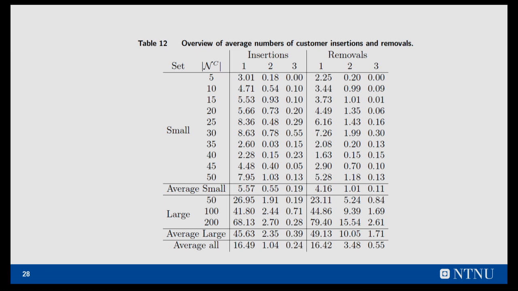We see that we do quite a lot of insertions and removals of cardinality 1, and then gradually less and less of the higher cardinalities. This is also why we kept it at a cardinality of 3, because we could have extended it and included insertions and removals of cardinality 4 or 5 or whatever. But it looks like a diminishing trend here. The greatest benefit seems to come from the insertion and removals of single clusters or single customers.